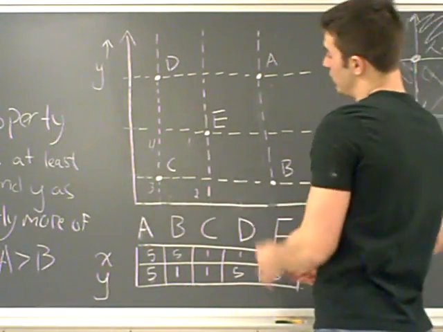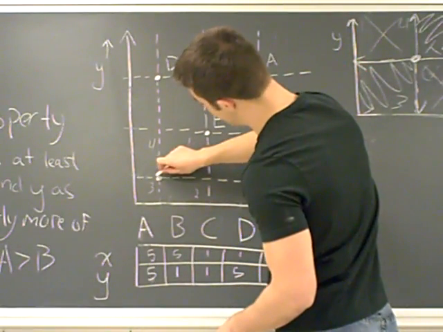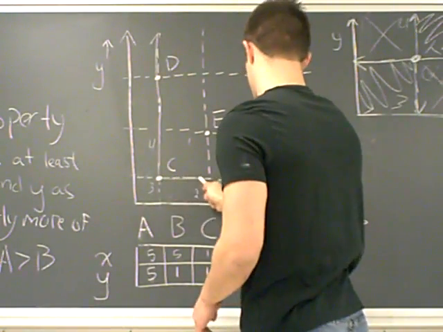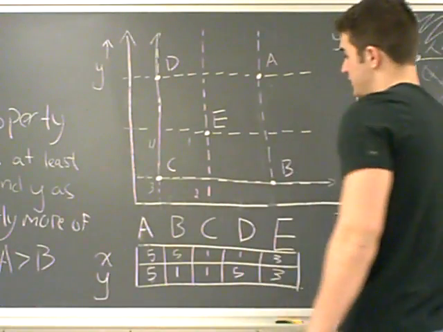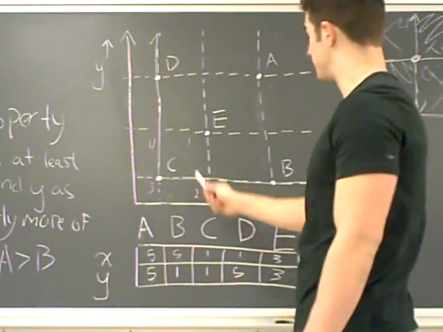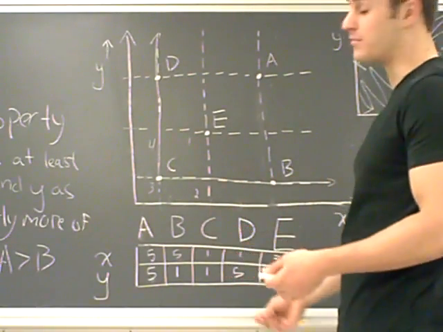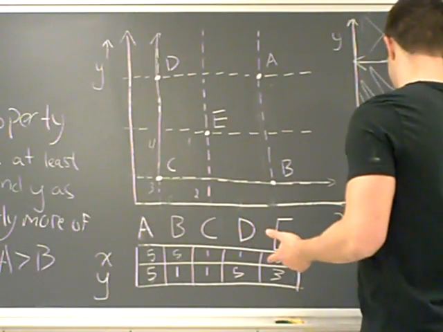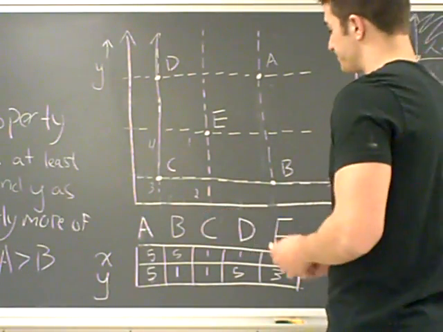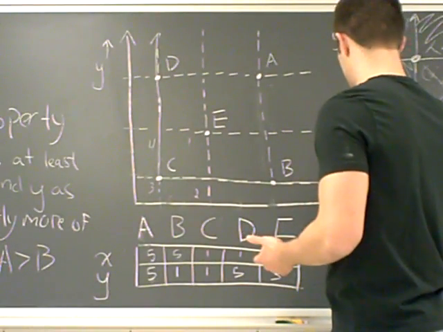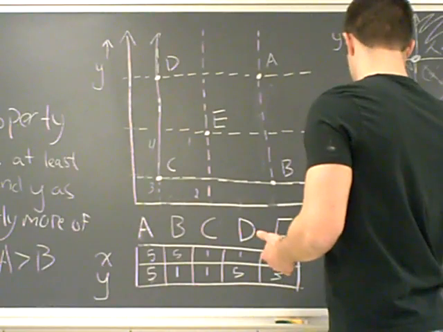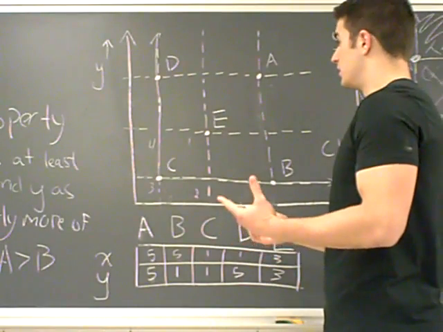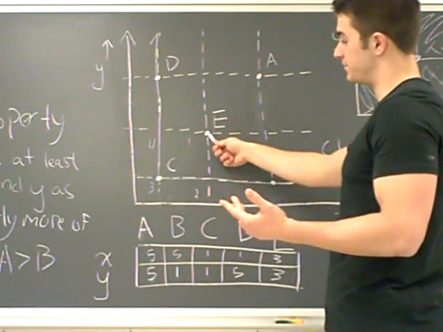Anything located in 1, including the dotted line, is going to be greater than our bundle C. It looks like in this example, everything is greater than bundle C. So bundle C is the least preferred so far. Now, let's move up to bundle E.